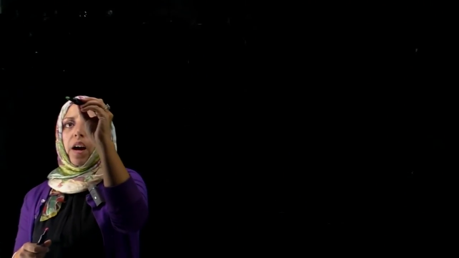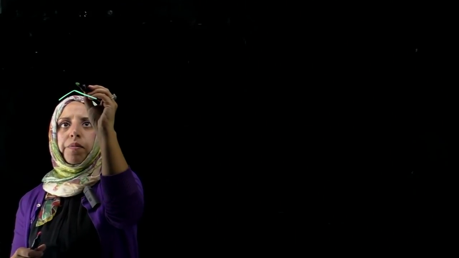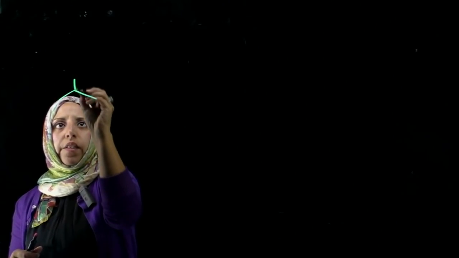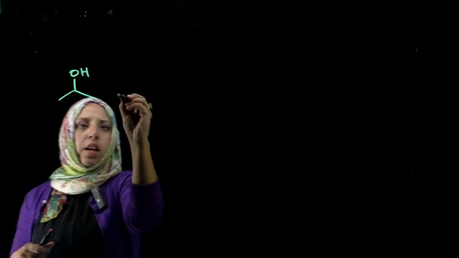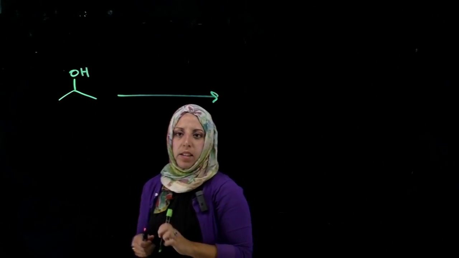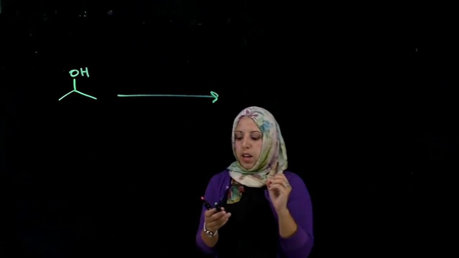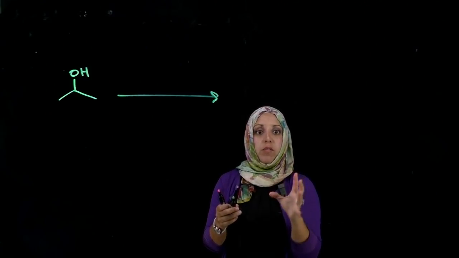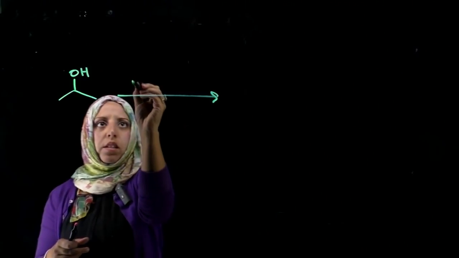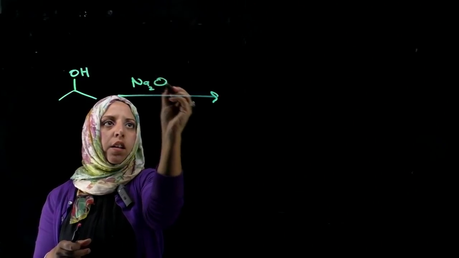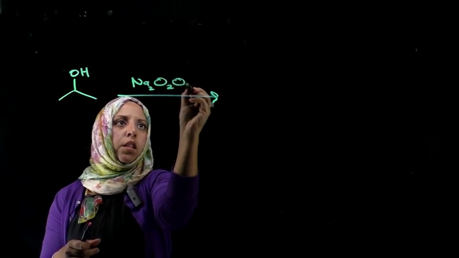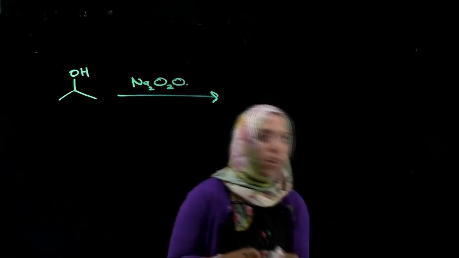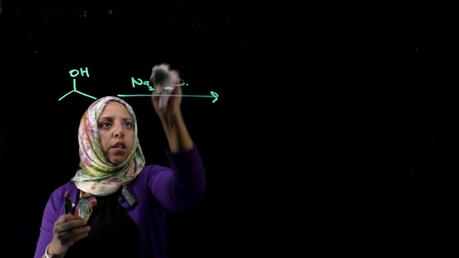Now suppose we have a secondary alcohol. If we add chromic acid, and really anything with chromate typically ends up as a very strong oxidizing agent, right?